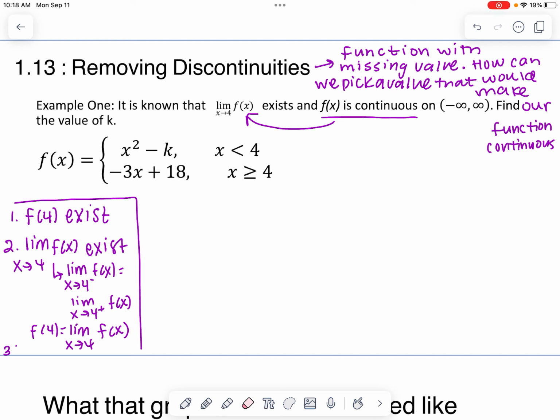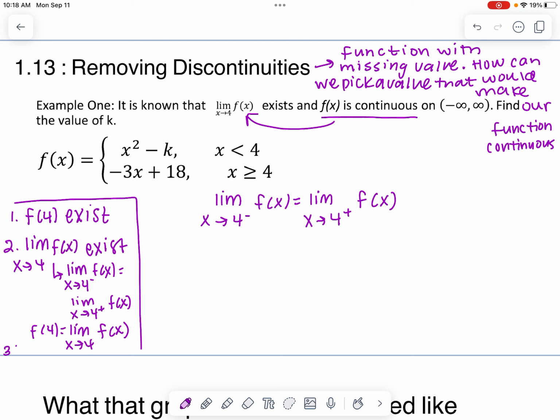Number 2, the limit exists. So that means that if the limit exists, because it's continuous, we know that's true. If the limit exists, that means the left-hand limit's got to equal the right-hand. So that means that the limit as x approaches 4 from the left equals the limit as x approaches 4 from the right.